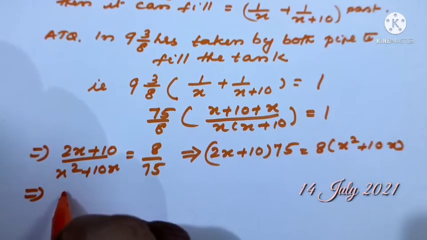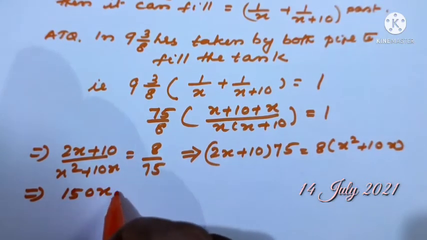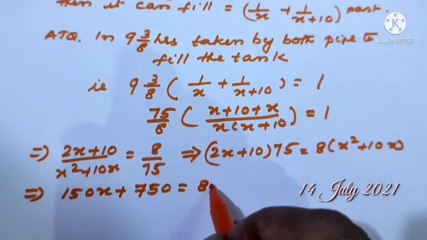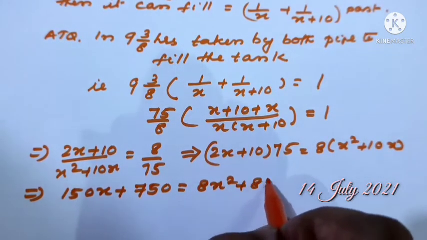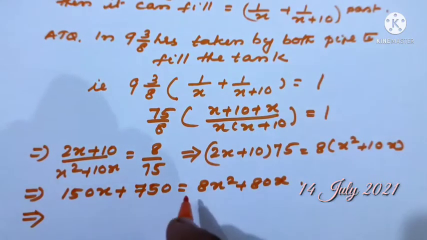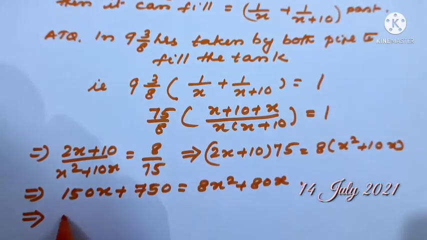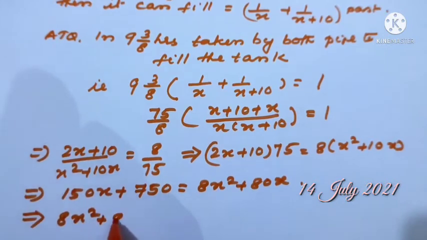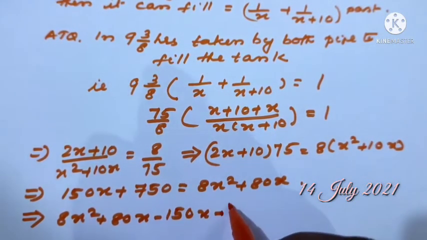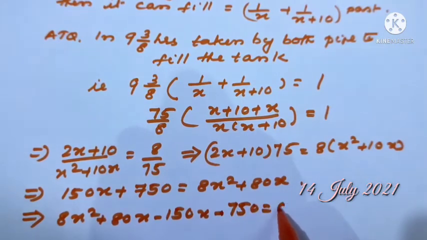So 150x plus 750 equal to 8x square plus 80x. Now we are bringing all the terms to one side. 8x square plus 80x minus 150x minus 750 equal to 0.